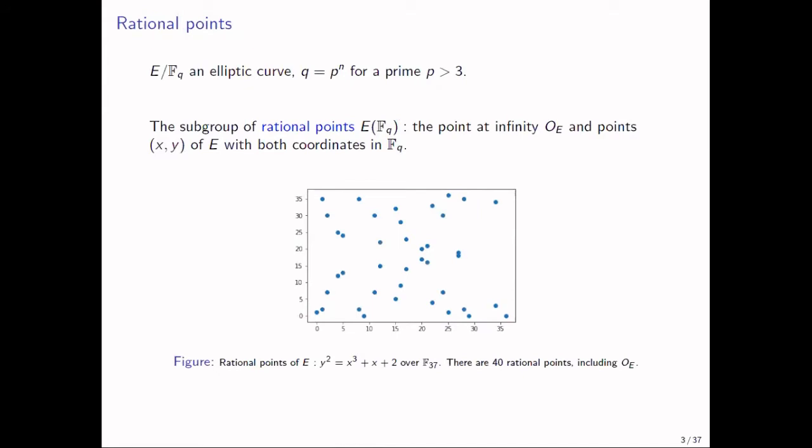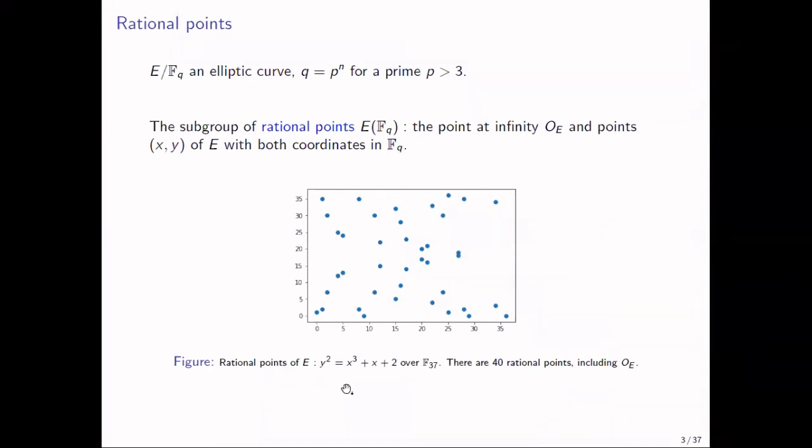What we also need to know, and mostly we'll talk about today, are these rational points. The rational points form a subgroup of the elliptic curve, and the subgroup includes the point at infinity, which is the neutral element, and the points of E both of whose coordinates are in F_q, the finite field F_q.